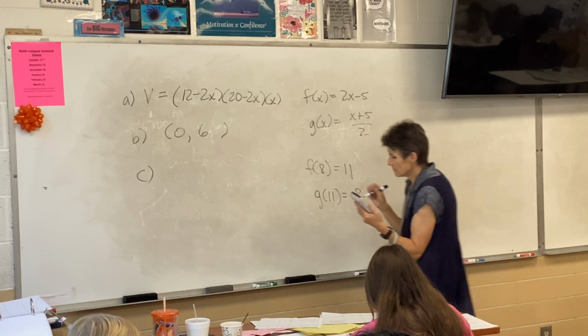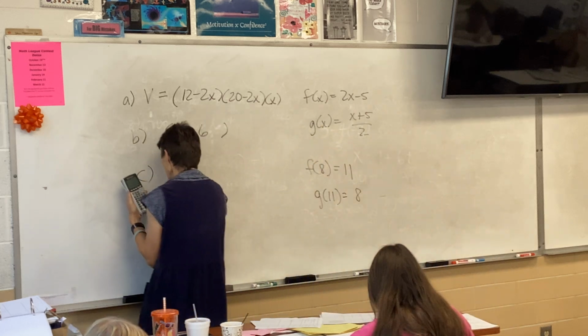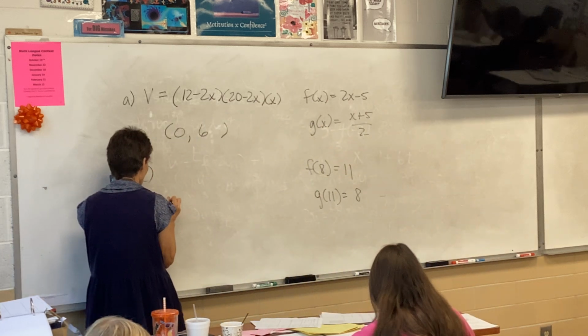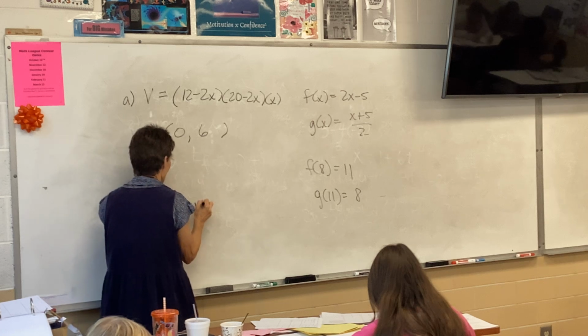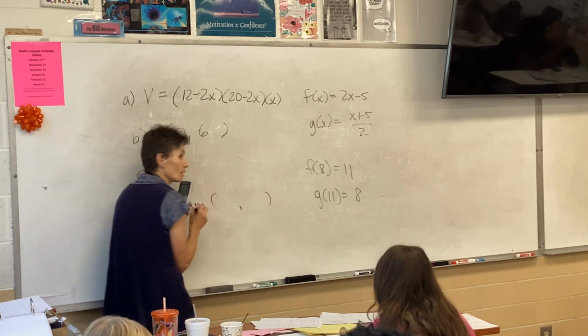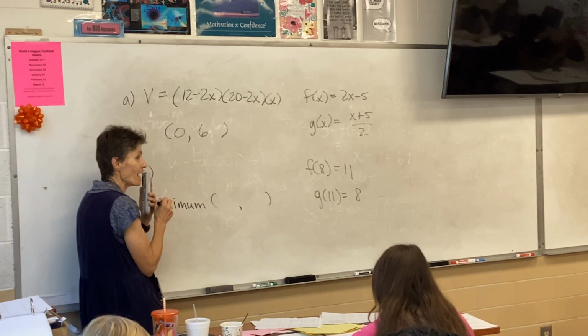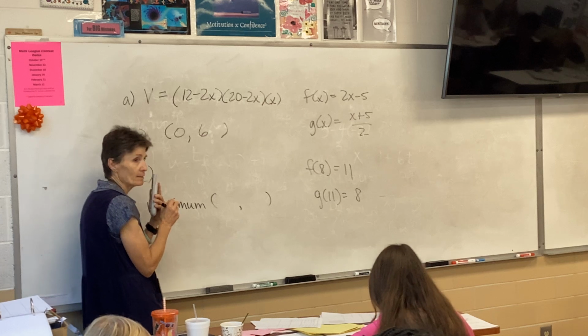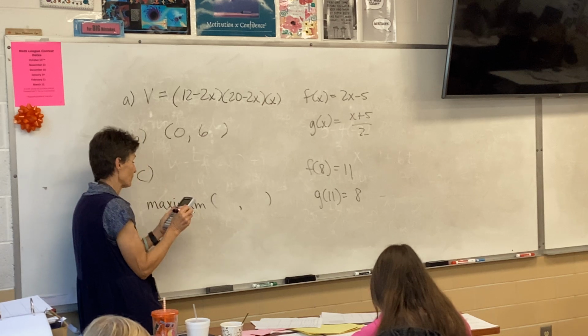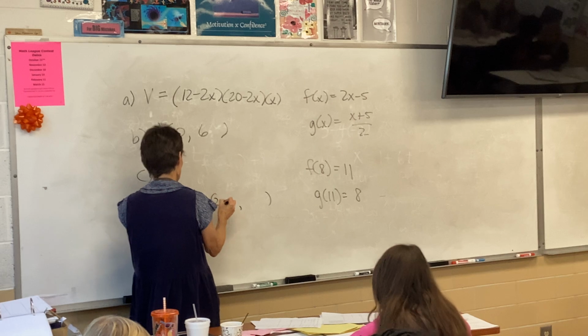And if your calculator has the word maximum written on it, you're good. You have the right answer. Okay? If it doesn't say maximum, you're not done. It's gotta say maximum.